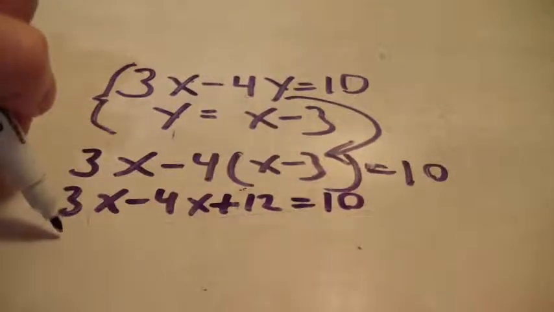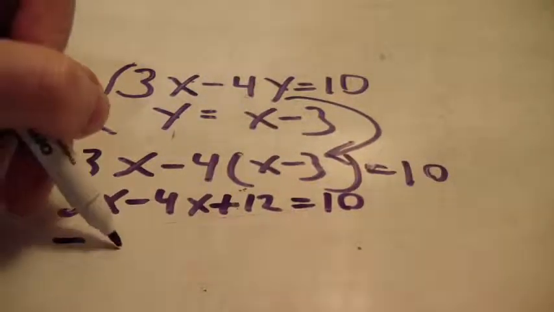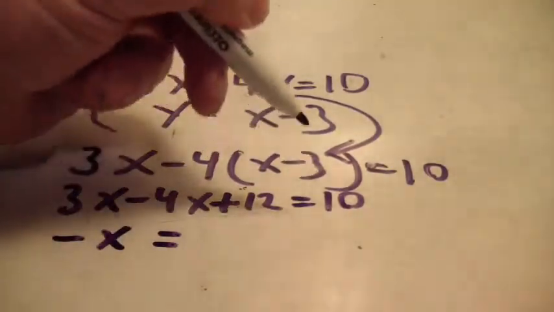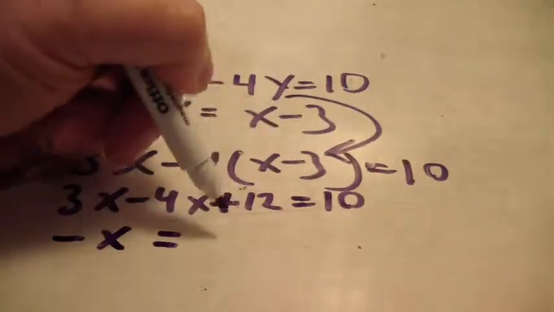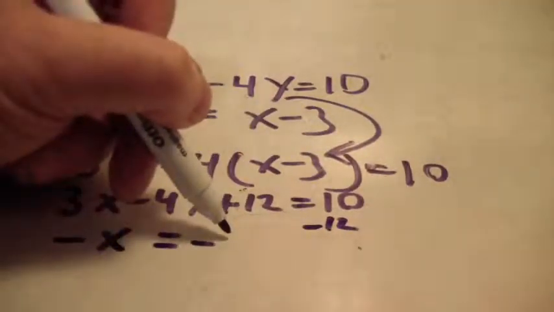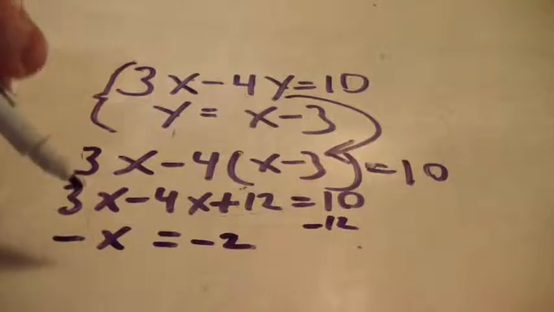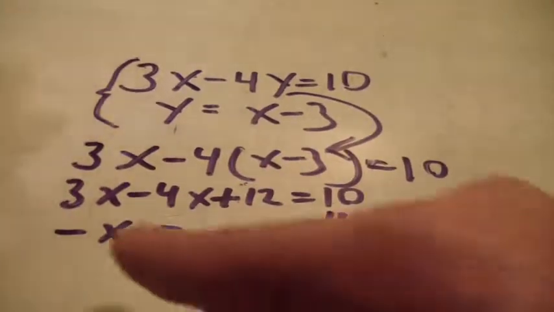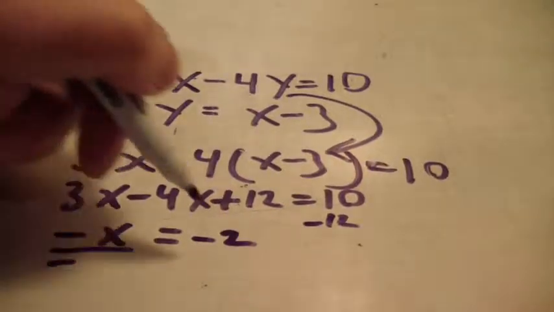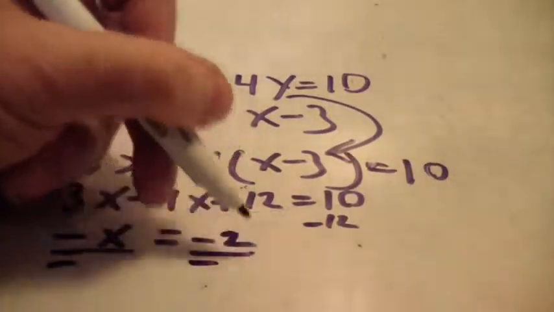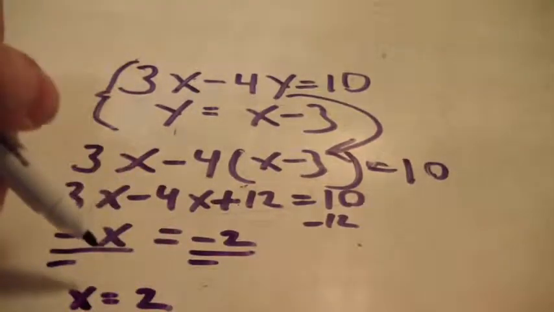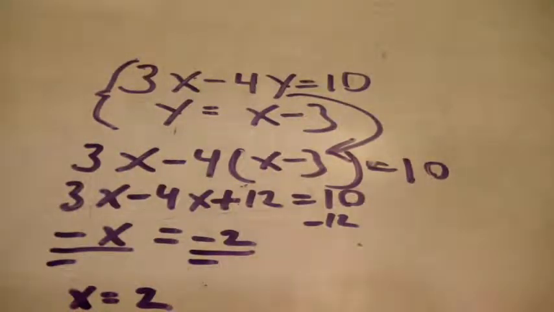So let's do the math: negative x plus 12 equals 10, and minus 12 from both sides gives you a negative 2. Then we divide everything by a negative, and you simply get x equals 2. That's the first part.